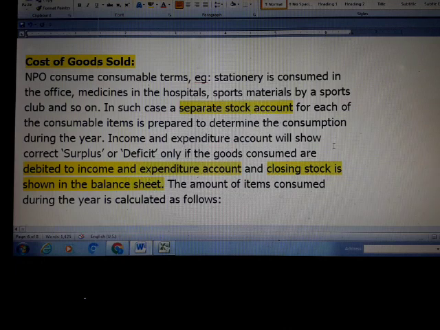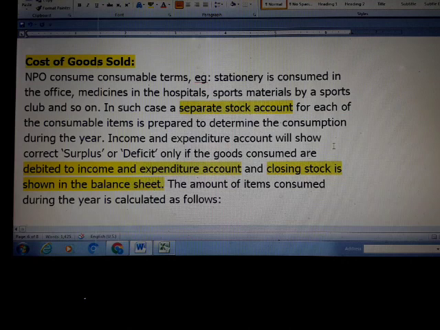Probably it can be supplied at a subsidized rate, because pharmaceutical companies work on a profit basis, right? So when they buy the medicines, they have to spend money from their pocket, and total money they have spent is some amount, but they have used only some quantum of those particular medicines. So we need to arrive at the right value of the items consumed.